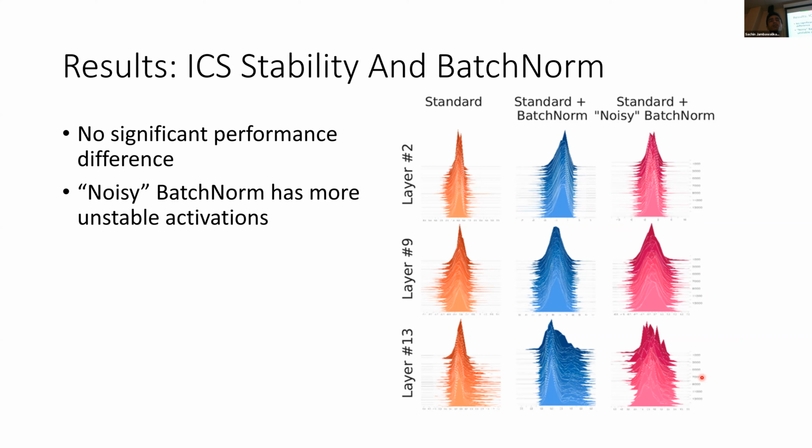However, even with that, the test accuracy and training accuracy for normal batch norm and noisy batch norm remain similar. So it shows that the original claim that batch norm makes the covariate shift more stable doesn't hold in this test.